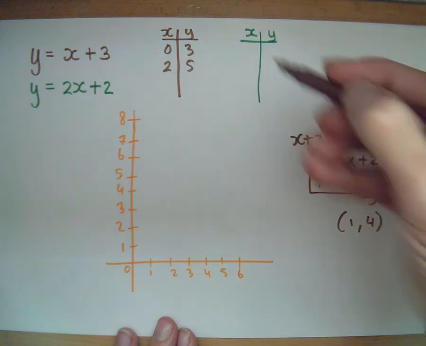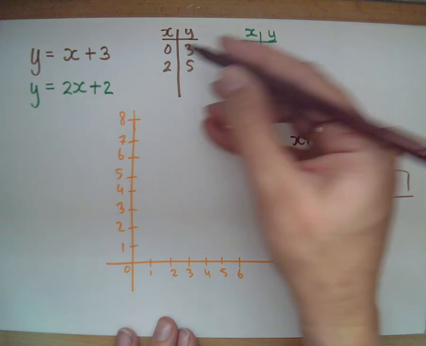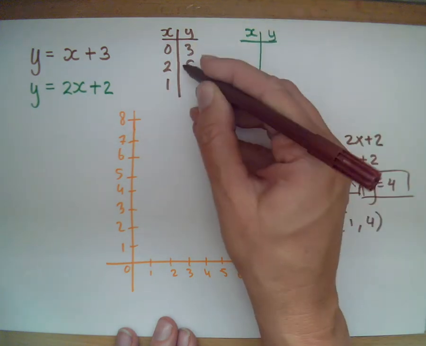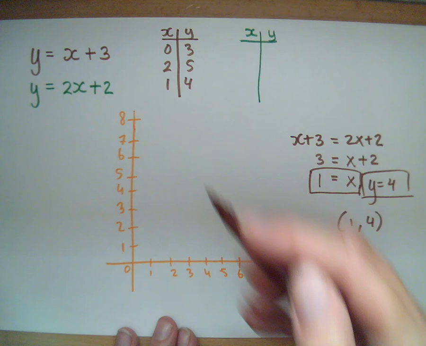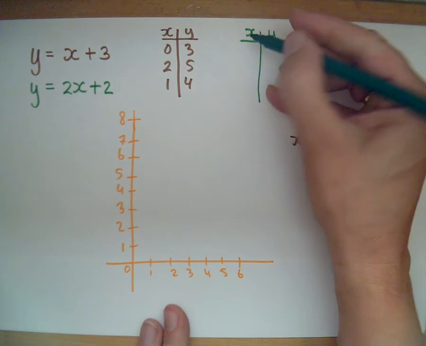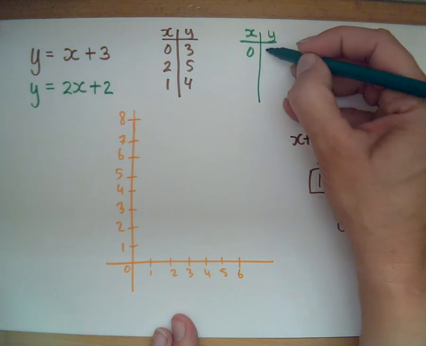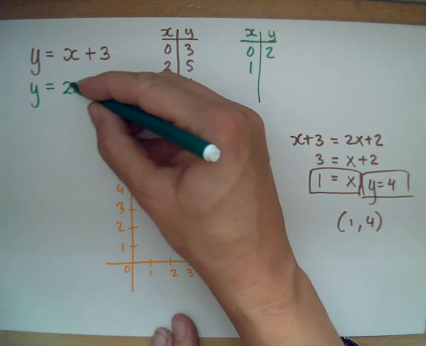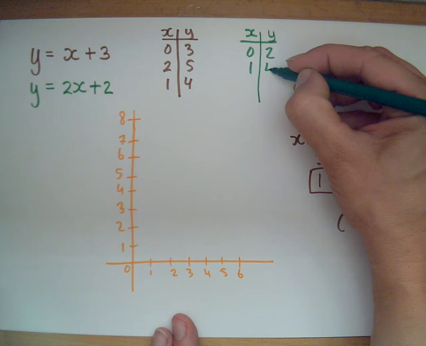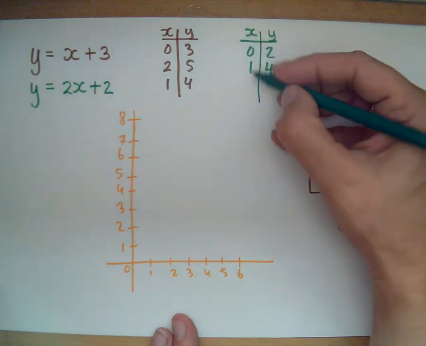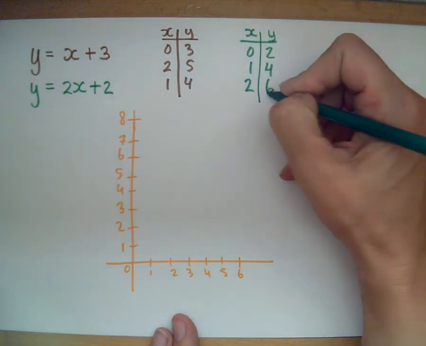When x equals 1, y is 4. Okay, they're not ordered very nicely, sorry. For the green one, when x is 0, y equals 2. When x is 1, 2 plus 2 is 4. When x equals 2, y equals 6.